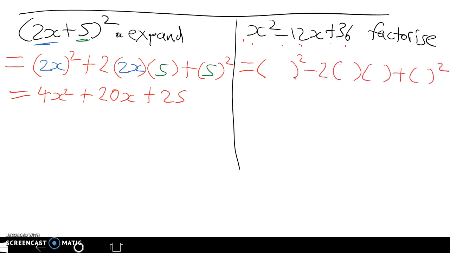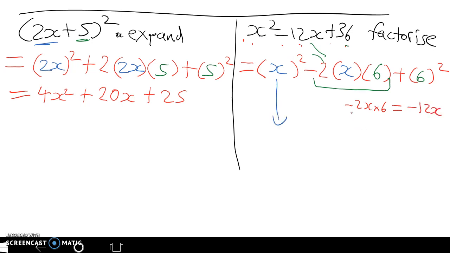We know x squared is x squared, so the x goes in the first position, and 6 squared is 36, so I need to see whether minus 2 times x times 6 is equal to minus 12x. Minus 2 times 6 is minus 12, and we also multiply by the x, which equals our middle term. So we know that this follows the perfect squares pattern.